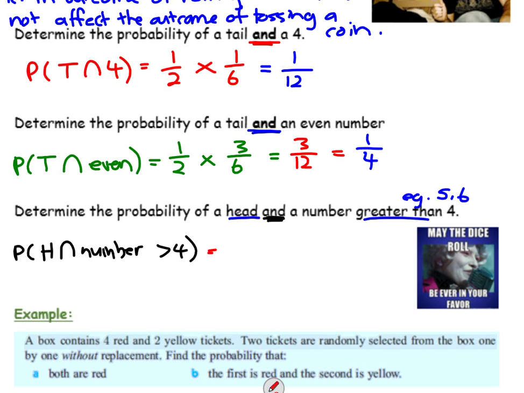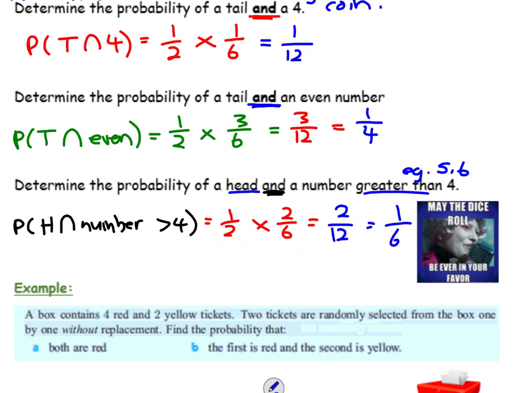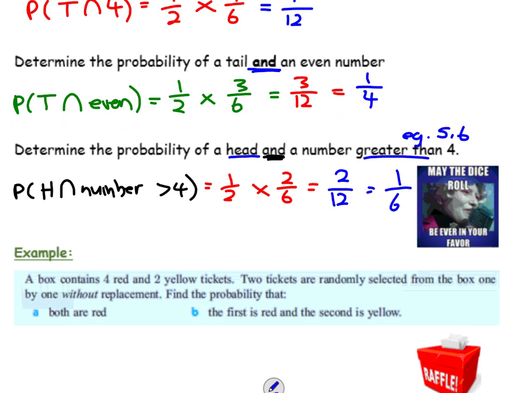So the probability of the result of tossing a coin being a head is 1 in 2, multiplied by the probability of a number greater than 4. So you can see there's just 2 of them, 2 out of 6. 1 times 2 is 2, 2 times 6 is 12, which simplifies to 1/6. So again, notice I'm simplifying all my fractions.